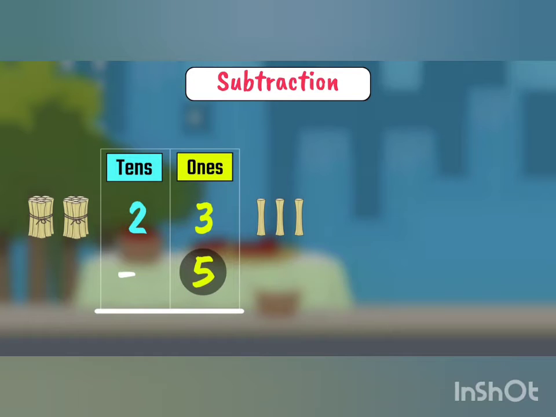So we will keep it in ones column. And the tens column of number 5 will remain vacant. And kids, you are already aware that when we subtract, we start from ones place. And after ones place, we subtract tens column.